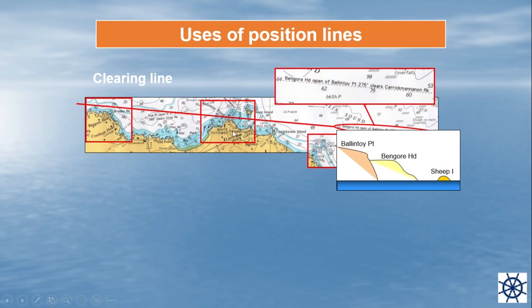Itong Balingtoy Point na yan, and Bingori, ito yung Bingori Head are 275. Nakita mo 275. Meron pa isa dyan, Ship Island. Pwede mong kunan yung Ship Island. And then that is the clearing line, 275. You are clear with your Karik Mananon Rock, which is ito, no? May bato pala dyan, no?